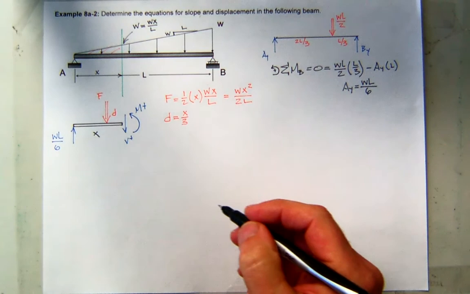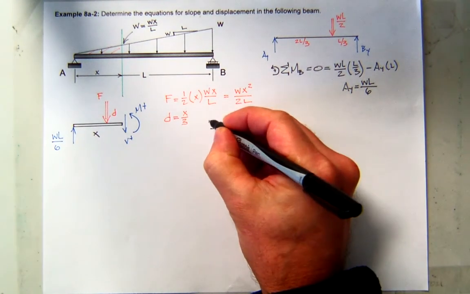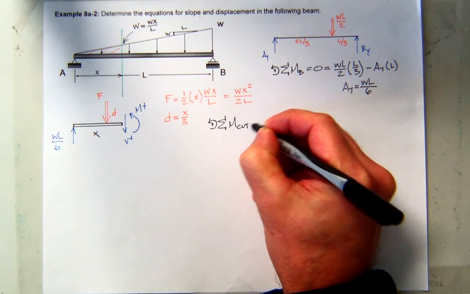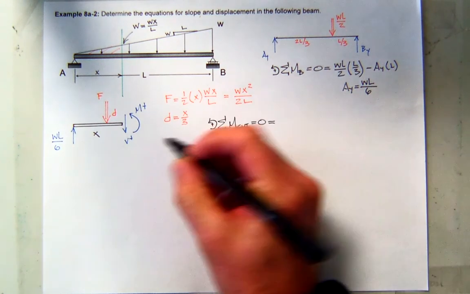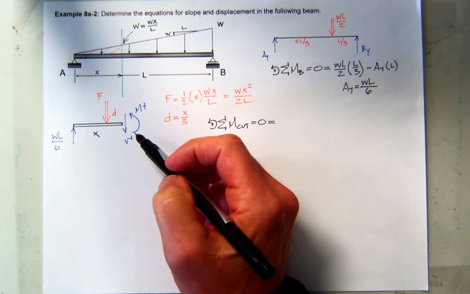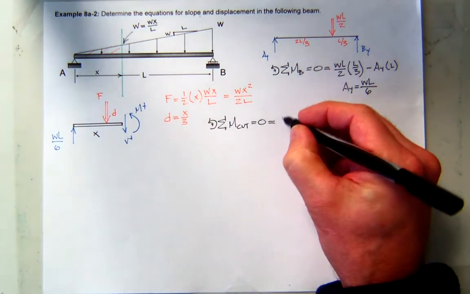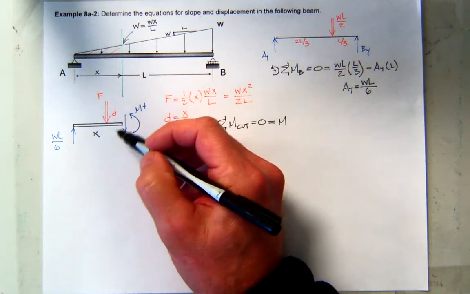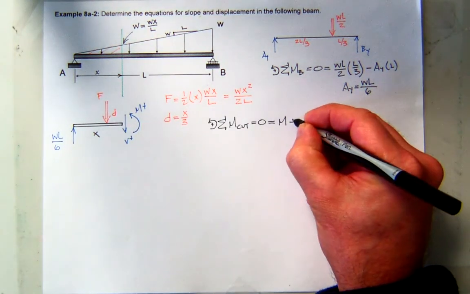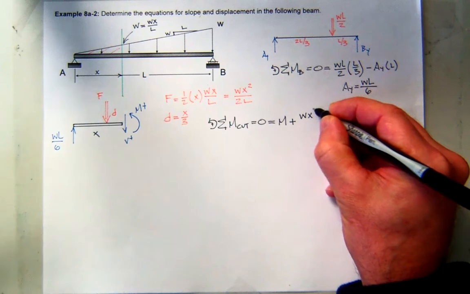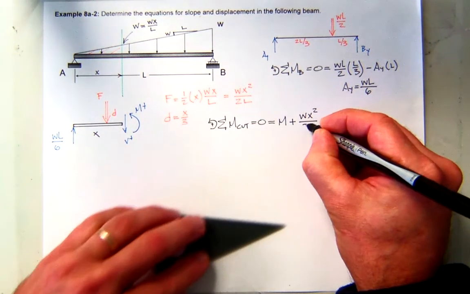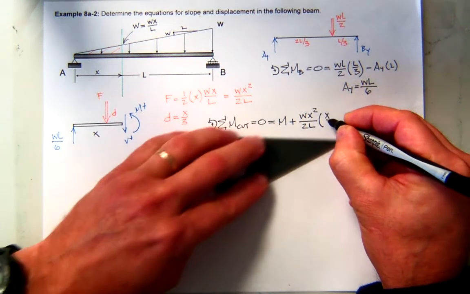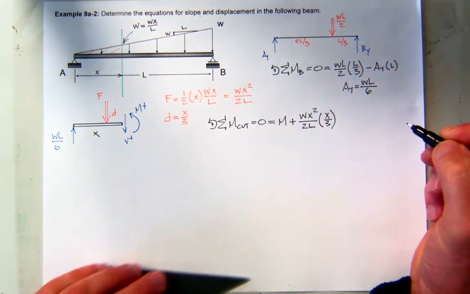So now we'll come over here and we will sum moments at our cut. Make sure we're in equilibrium. So looking at our free body diagram, start here on the right. The moment due to the concentrated equivalent force is positive. So the force was Wx squared over 2L, and the distance d was x over 3. That's that part.